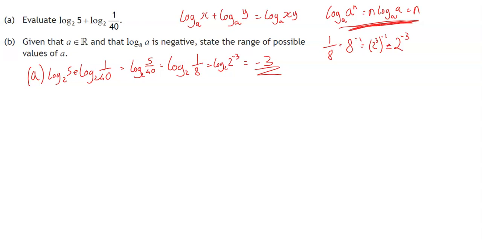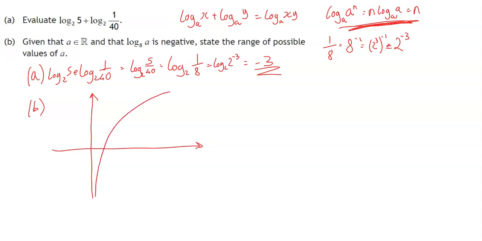Now if we look at part B, it wants me to think about a being a real number and log to the base a being negative, stating the range of possible values for a. An easy way to think about this one is to think back to how the graph of a logarithm looks. If we remember back to the graphs of logarithms, the logarithmic graph always looks like this.